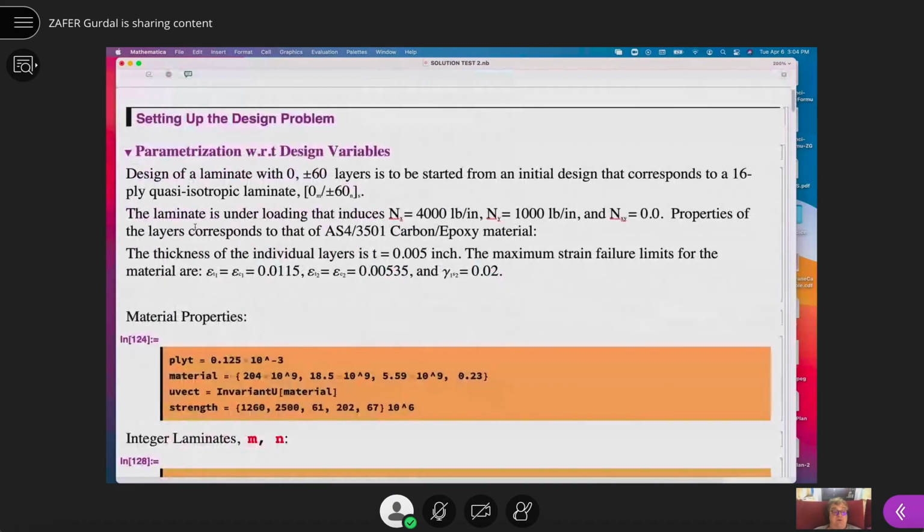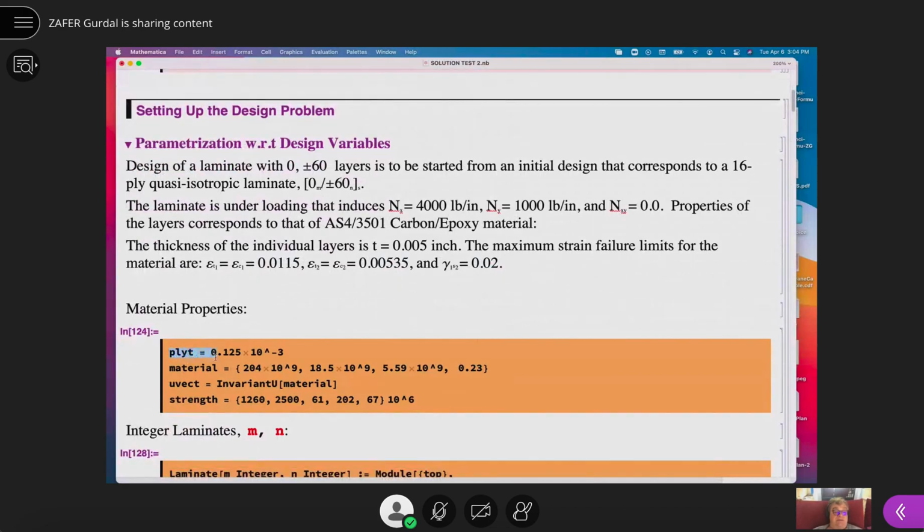The first thing that I'm doing in the template is specifying some of the constants to the plies. By the way, please do check my numbers with the ones that you've been using to make sure that we are all on the same page. So the ply thickness of 0.125, 10 to the minus 3.